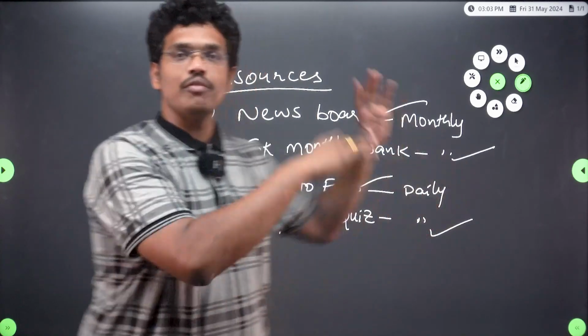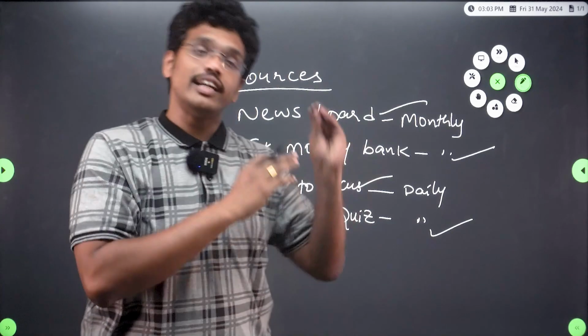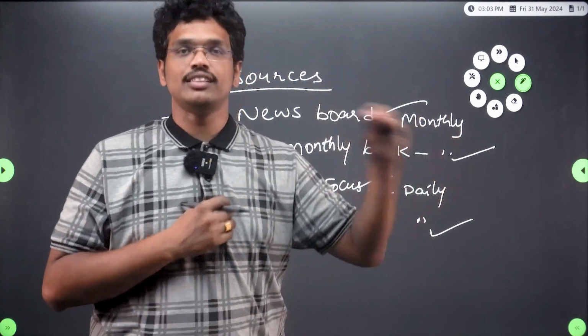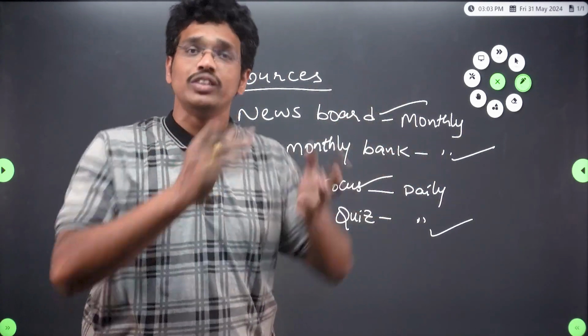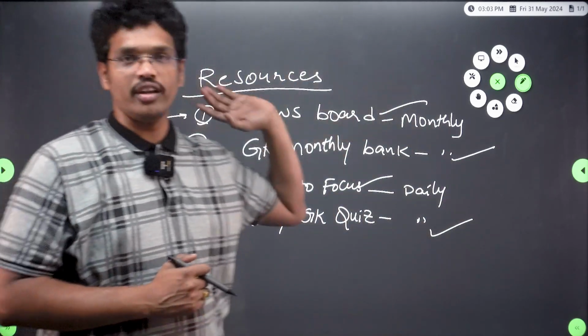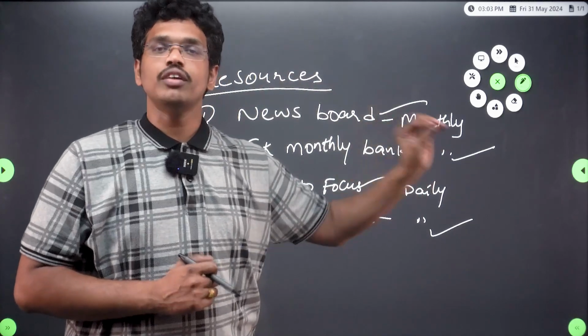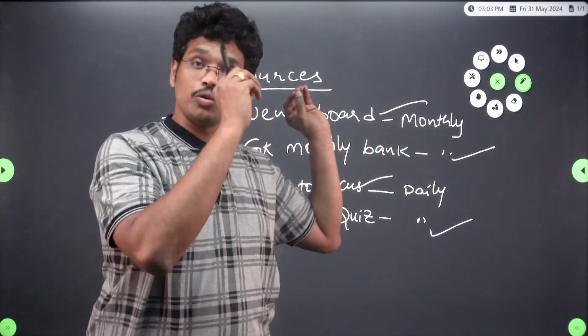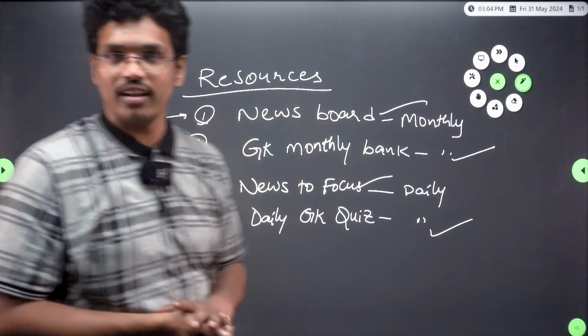Based on that, we have developed this material, and that's why we are assuring only 80%. Sometimes the examiner may ask about an issue which is not even in the news. So if you follow this news board regularly, you can attempt 80% of the questions in the final CLAT examination.